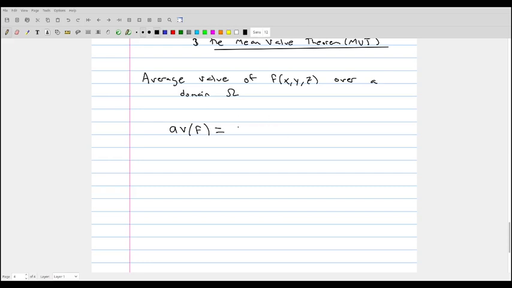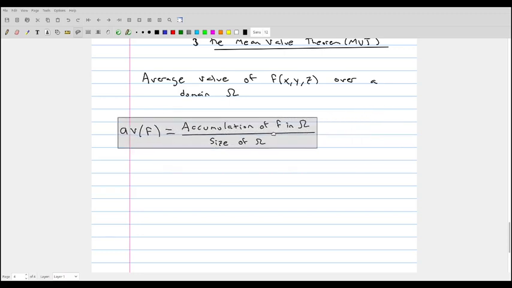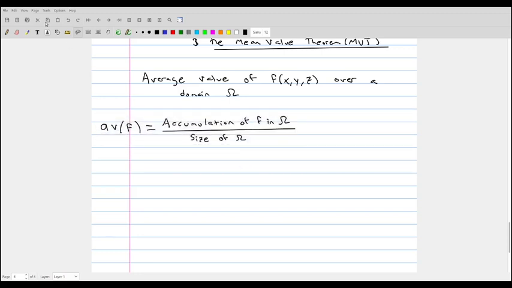And we say that this is the total accumulation of the function in the region omega, divided by the size of the domain omega, which is exactly the same idea that we use for the average value of a single variable function and also for a function of two variables in 2D.